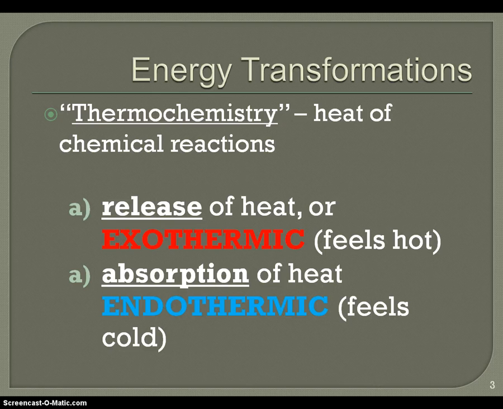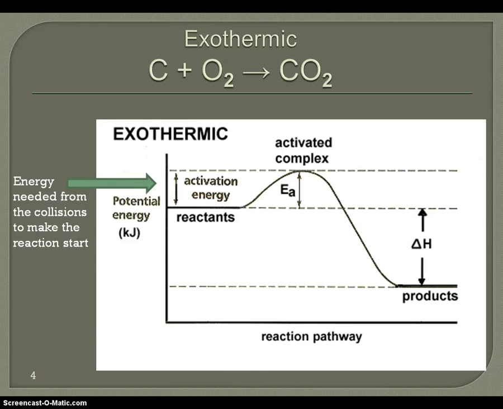Let's look at a couple of graphs that demonstrate these ideas. Here we have a graph that shows the energy of an exothermic reaction. Remember, exothermic is the one where ultimately at the end some heat is being lost. Right here at the beginning we have our reactants, and they have some amount of energy.